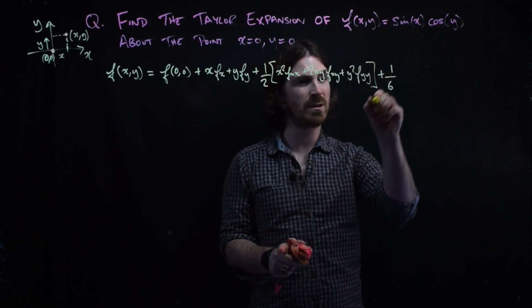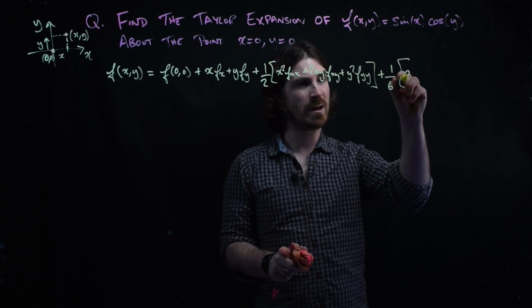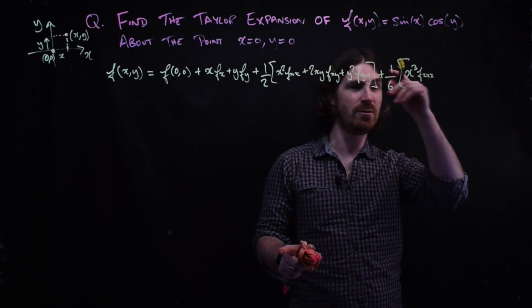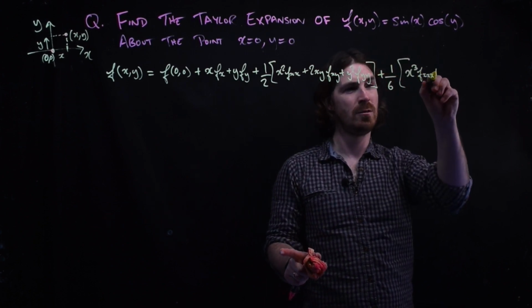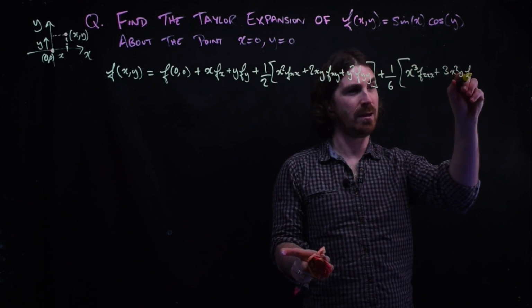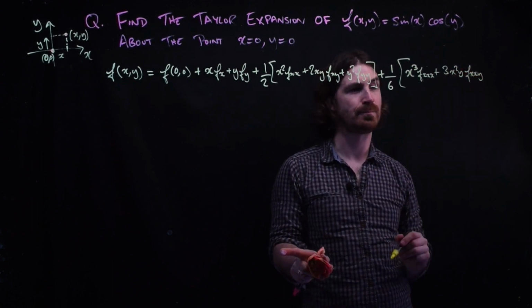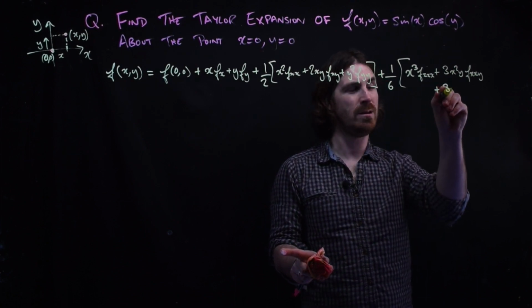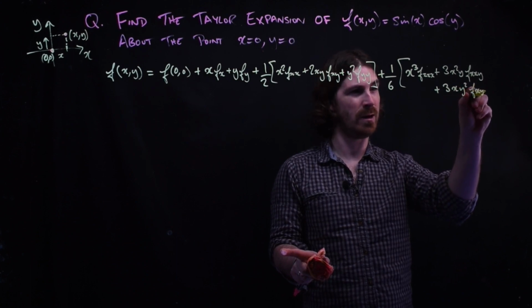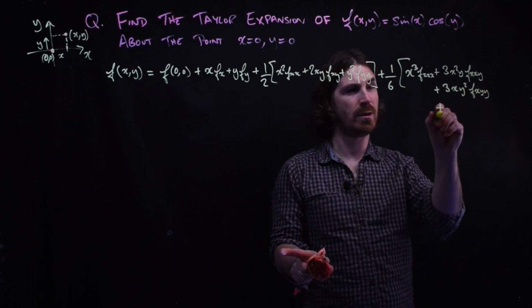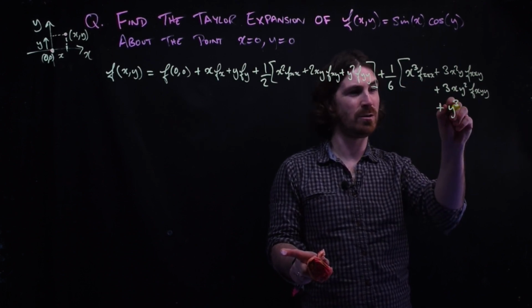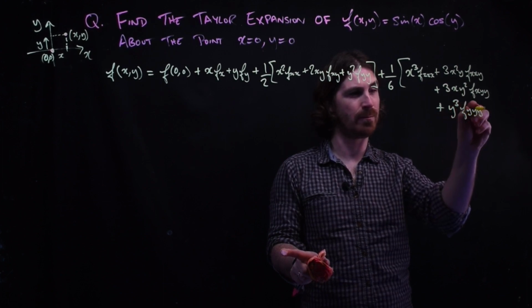We had a 1 over 6, and then an x cubed fxxx, so this is d3f by dx cubed, plus 3x squared y fxxy, plus 3x y squared fxyy, and then plus the analogous term for y cubed fyyy.